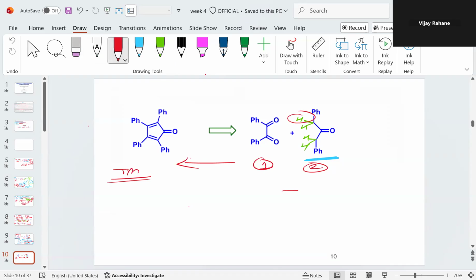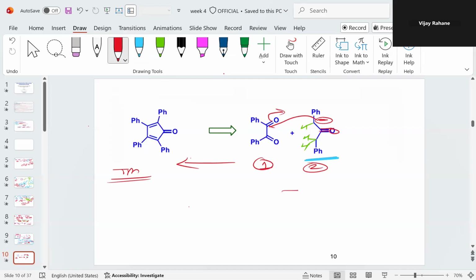Once this proton is abstracted, the negative charge forms on this carbon. I will just show this one only. The negative charge formed on the alpha carbon of this keto can attack here. It gives this O negative and finally OH.